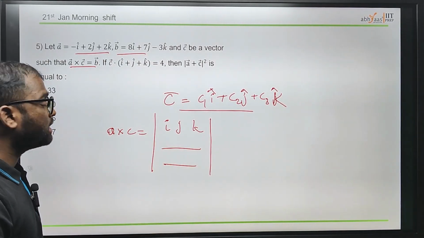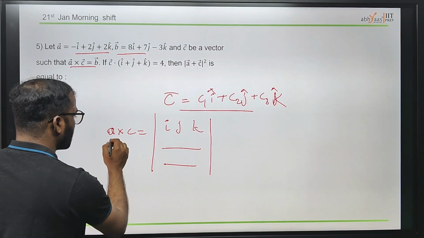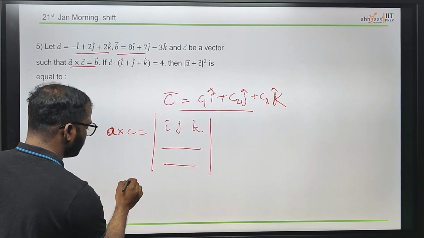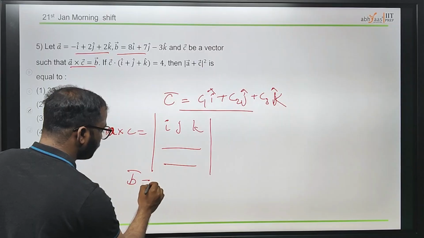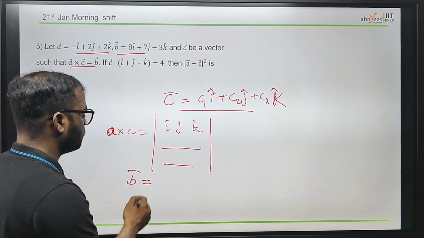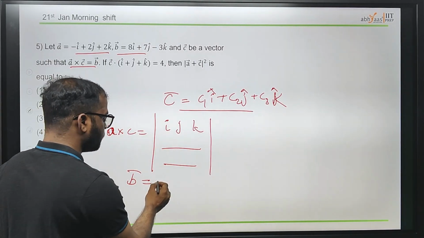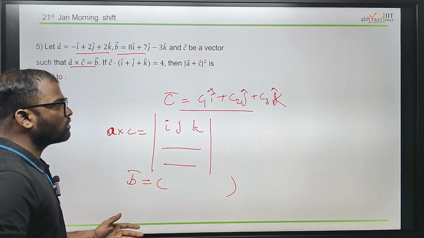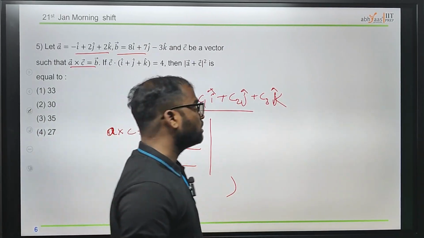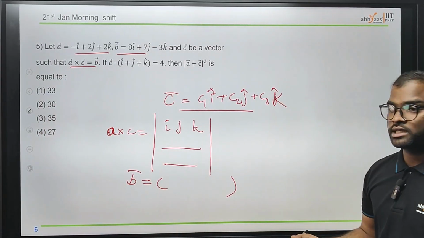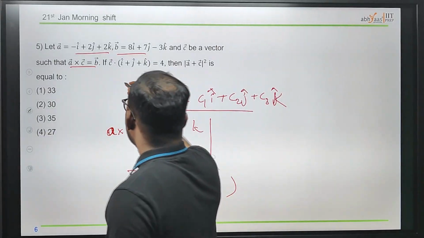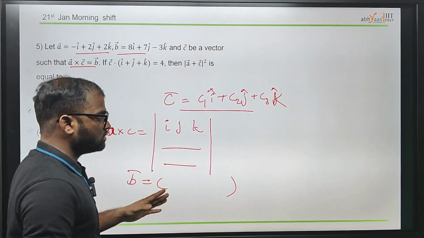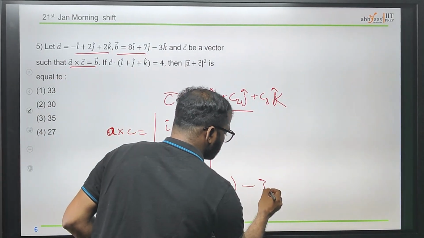After taking the determinant, and knowing a cross c is equal to b bar, we will find values like 2 into c3 minus c2. After that we will get 3 equations from this.